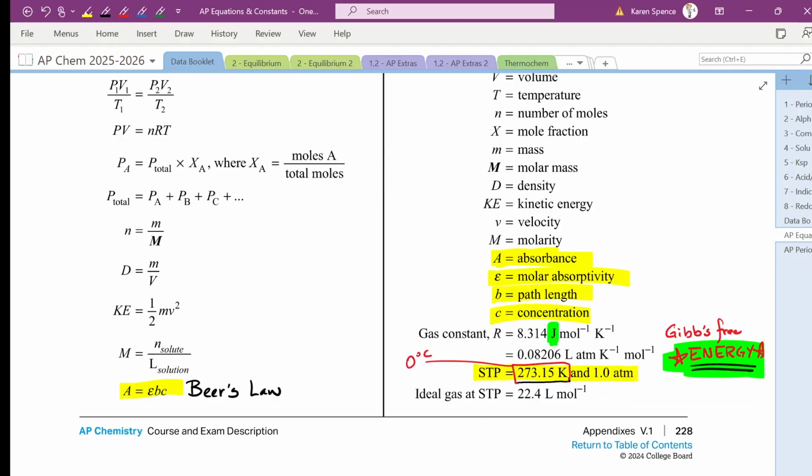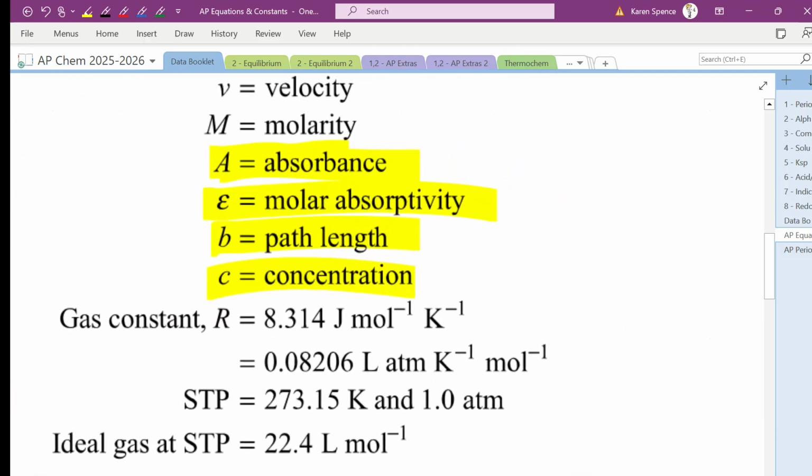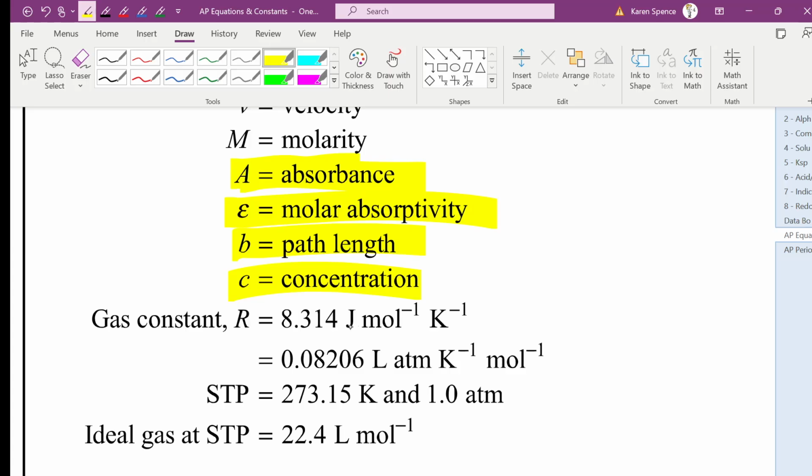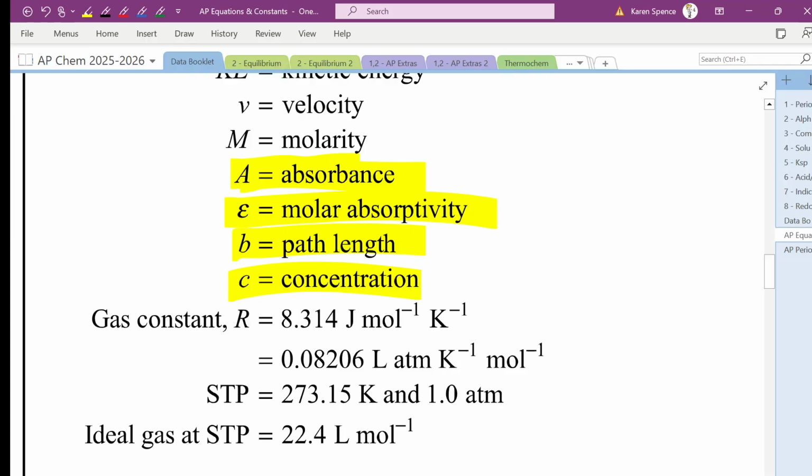And you'll actually find the values for R. There are 2 of them given. I think when I wrote this worksheet, there were 3 of them given, but now there's only 2. One of them has units which have joules, and the other one has liter atmospheres.